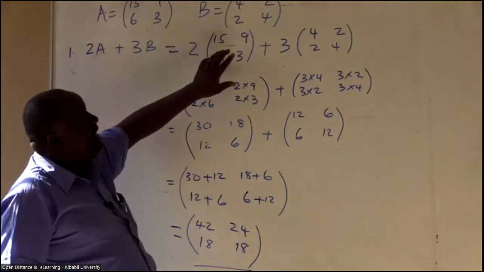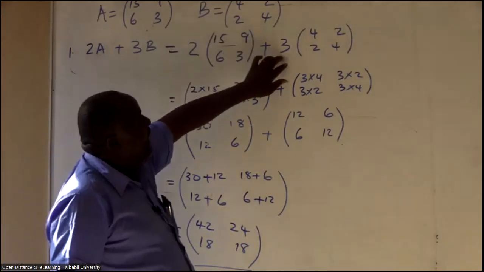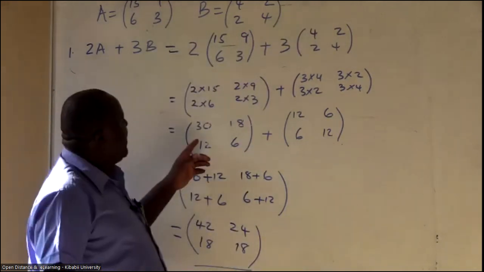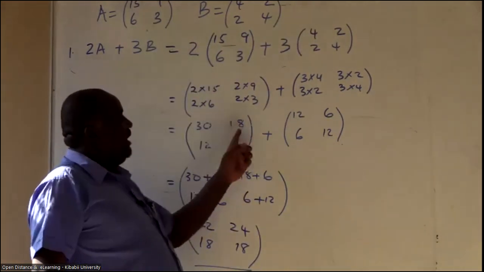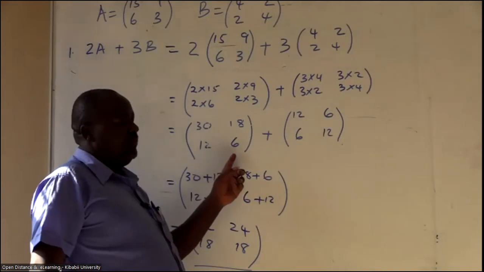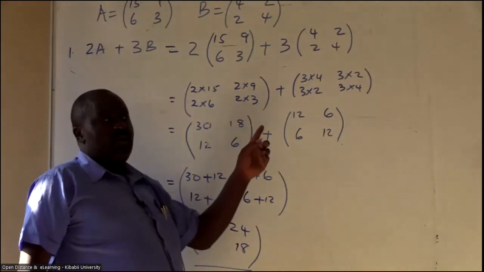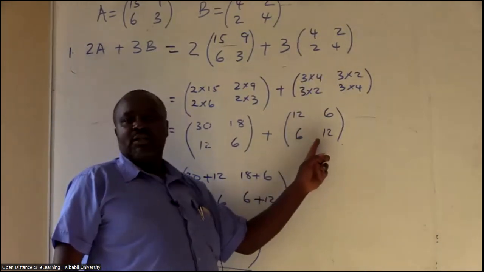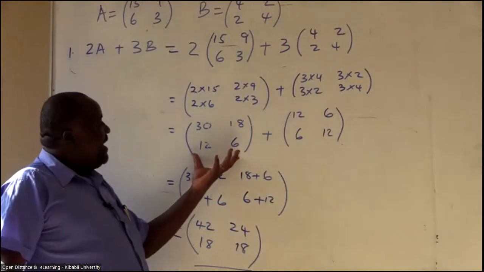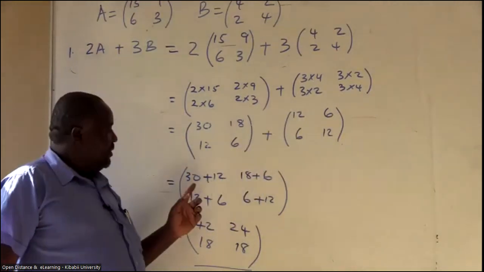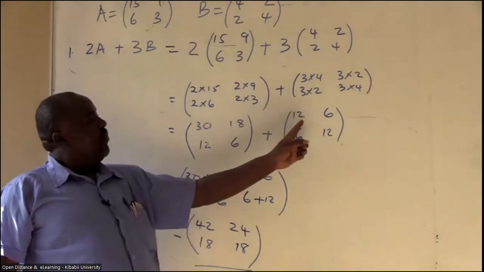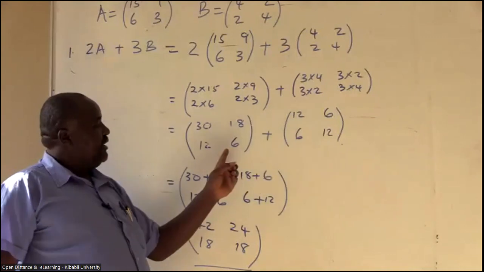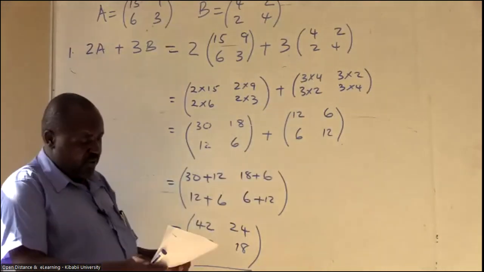The scalar must multiply each and every element of the matrix. 3 must multiply each and every element of matrix B. So if you have this, then you get twice A as 10, 18, 12, 6. Thrice B gives us 12, 6, 6, 12. And therefore, adding the two because they are of the same order gives us 10 plus 12 with the corresponding elements, 18 plus 6, 12 plus 6, then 6 plus 12.